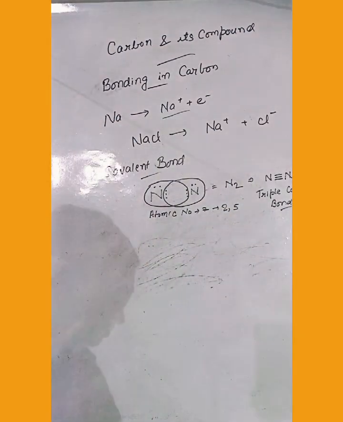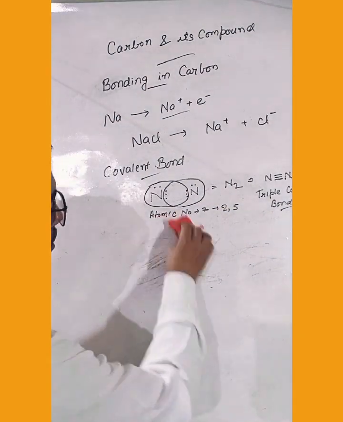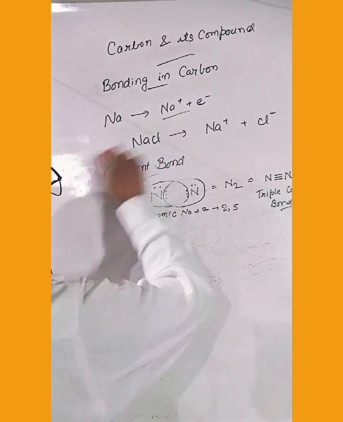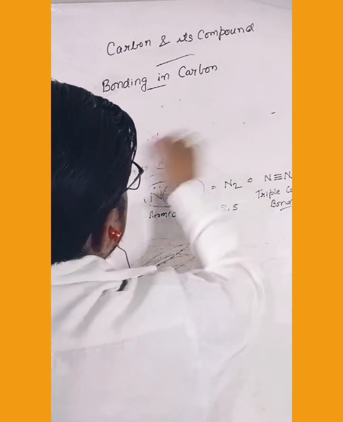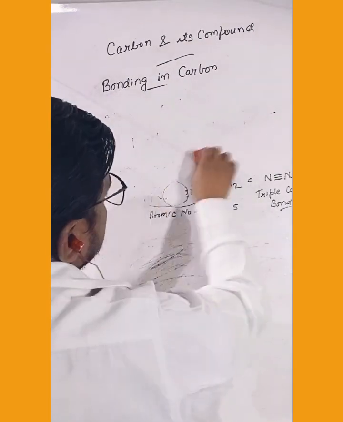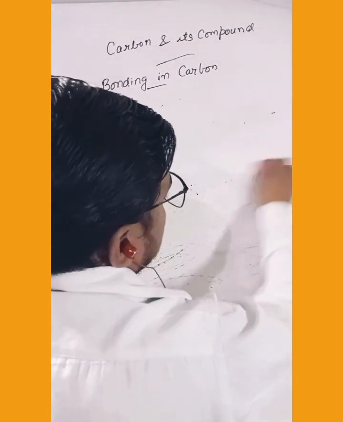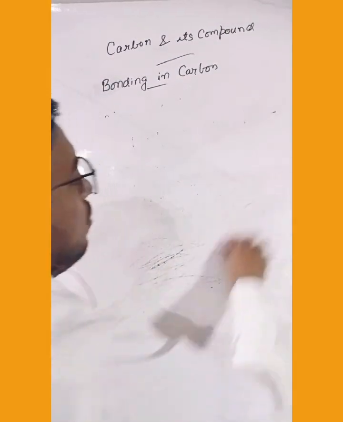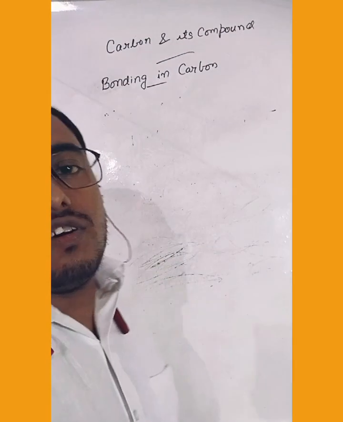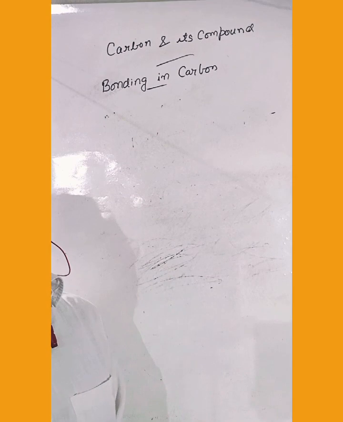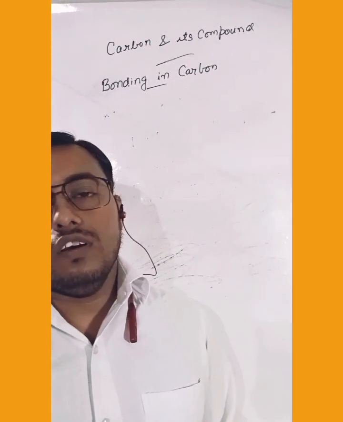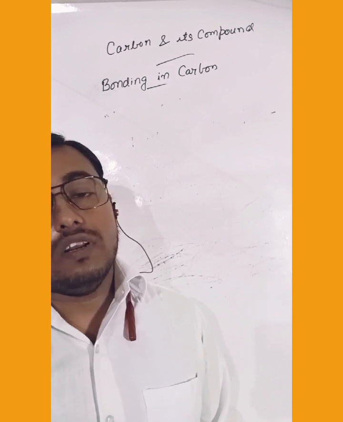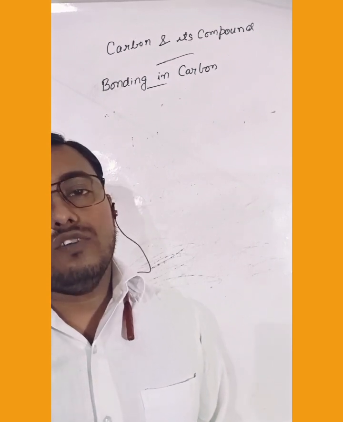Similar cases occur with carbon as well. Now carbon is also going to have covalent bonds. The most common compound of carbon is with hydrogen, its hydride.